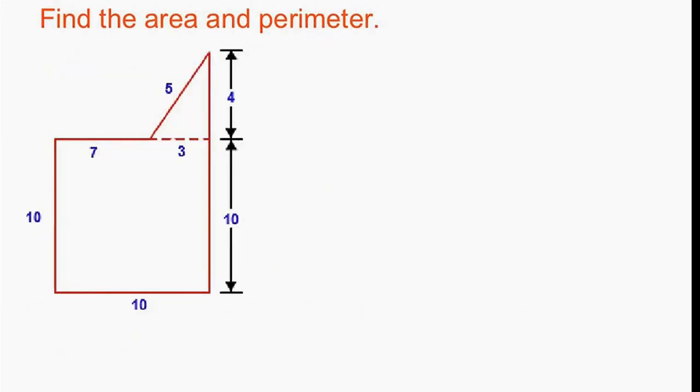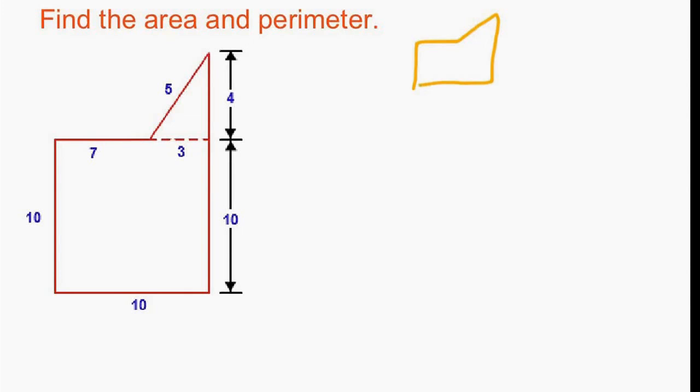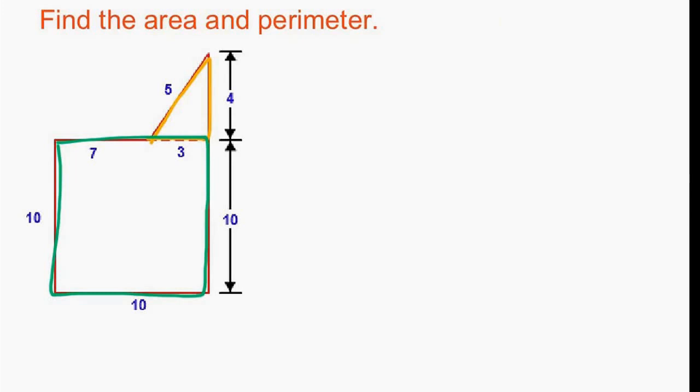All right, now we have this square with a little triangle on top. So I don't think about it as this weird shape. I think about it as a triangle and a square. I treat them differently, and then I'll add them up at the end.